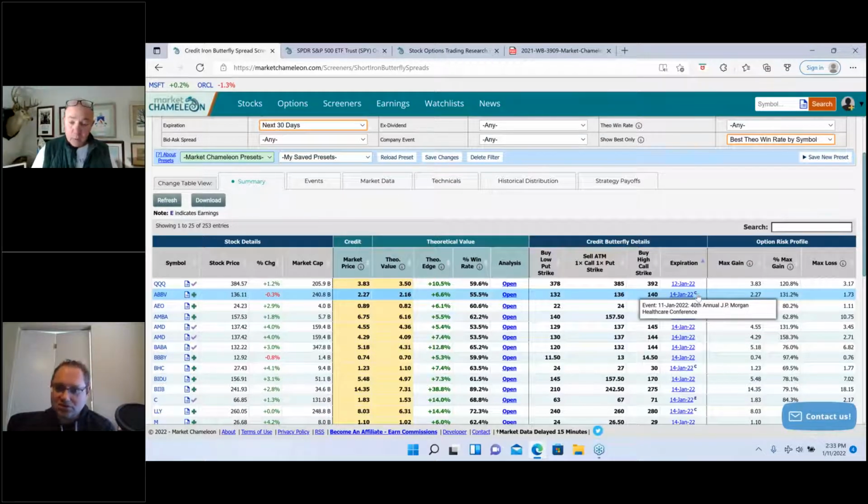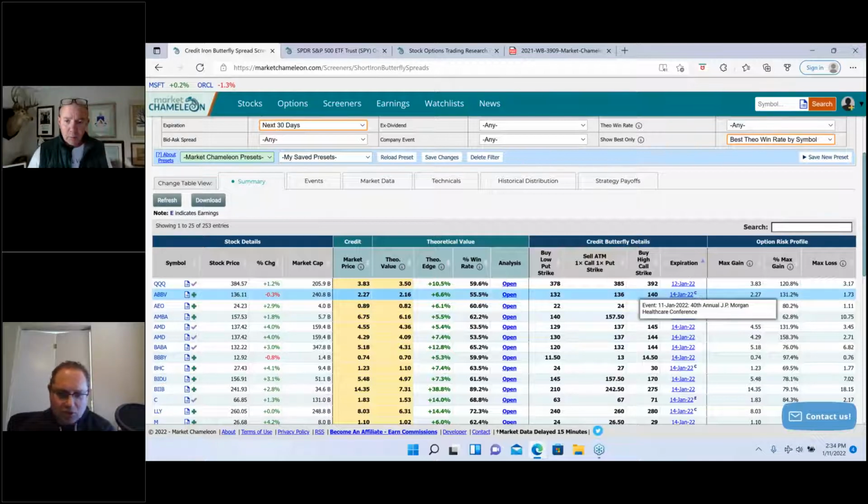We don't know what they're going to say. They could say something that investors could pick up on and could be potentially a catalyst for a stock move. But you have to be aware of not only earnings, but other events happening between earnings that can still impact that stock price.